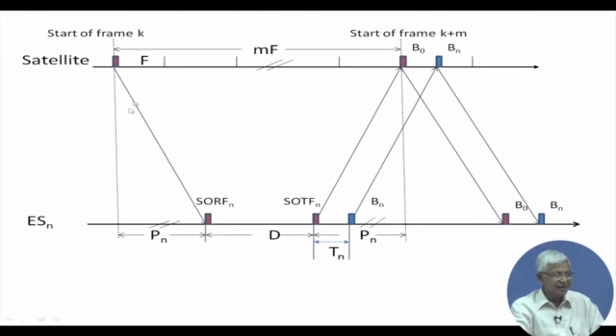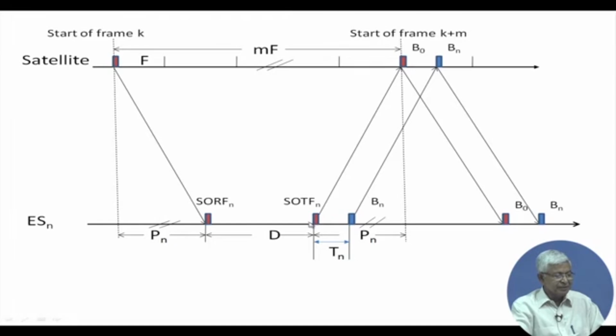So, this diagram and some related discussion we held earlier, I will repeat. At the satellite, the reference burst is shown here with frame F and is repeating; B0 is here, Bn is here, and let us say station n receives the reference burst, which is called the start of reference frame. So, he receives the burst and he transmits at this position with respect to the start of transmit frame.